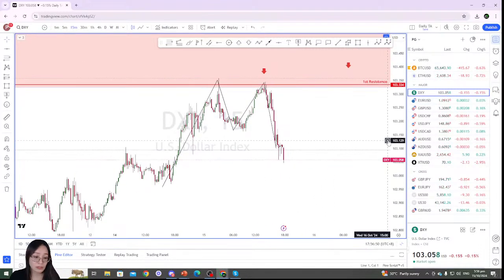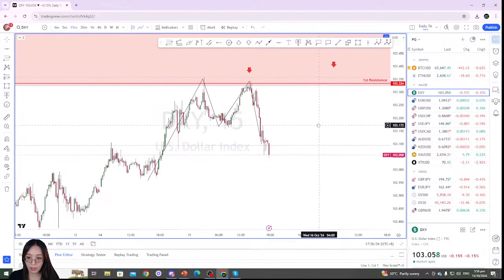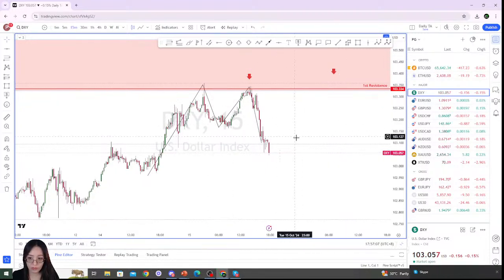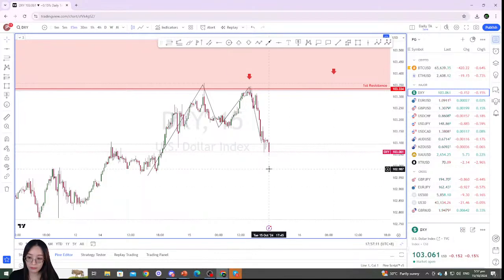Of course it's not 100% that you will hit TP or win every time, but I could say that I have a 90 to 95% win rate if you just do what I'm saying: identify the key level, go to the lower time frame to get the confirmation. You could combine it with divergence, which is RSI.